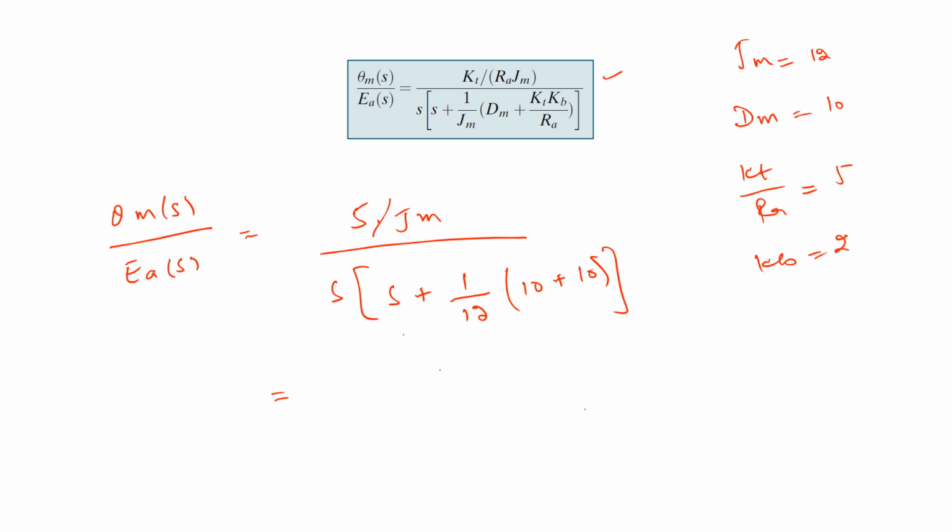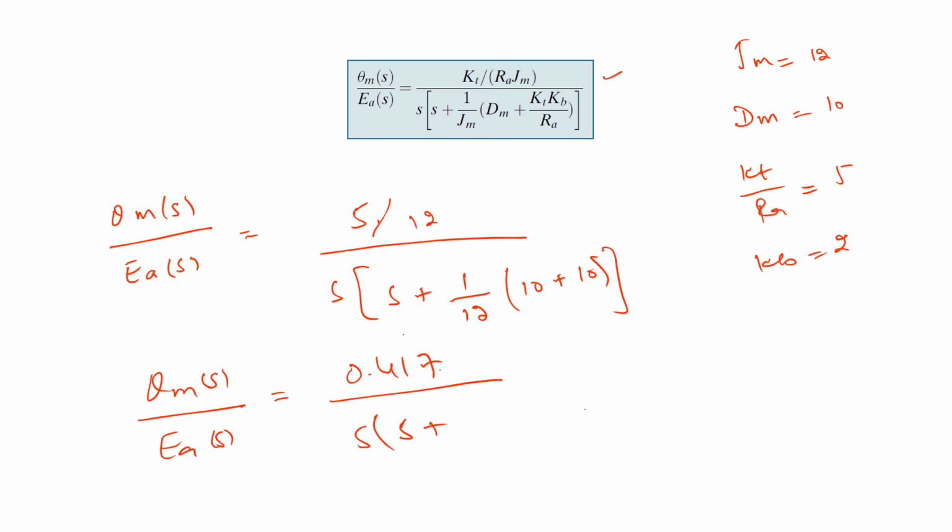We can replace this Jm by just 12. So after some manipulations, the final transfer function theta m of S divided by Ea of S will be 0.417 divided by S into S plus 1.667.